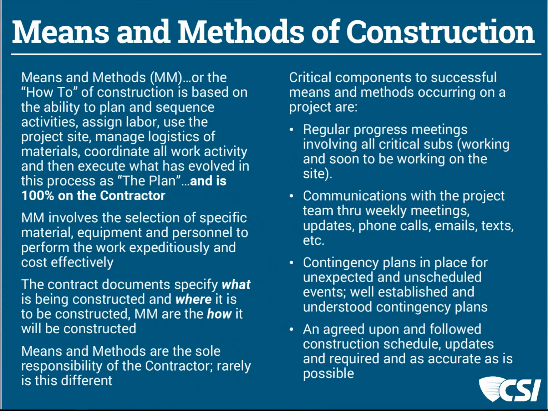So these are things that would go into those updates for the project schedule if they do in fact happen and need to be wrapped into the status of or an update for work and where it is. So that's a touch on means and methods.